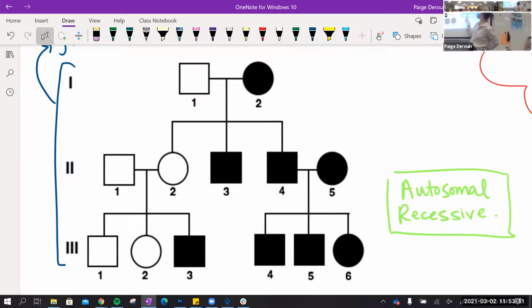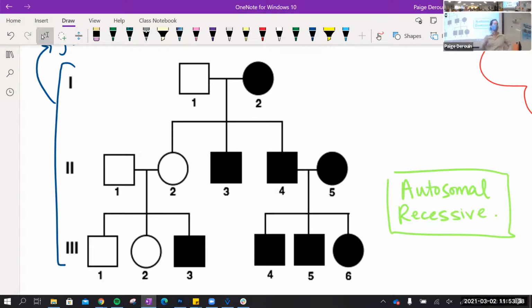Before we go any further, how could we know for sure that this is autosomal? Yes, because there's about equal numbers of men and women who have it. Now, this is an important time for me to say, I know that this is not 4 and 4. It's not perfect on purpose because life isn't perfect.